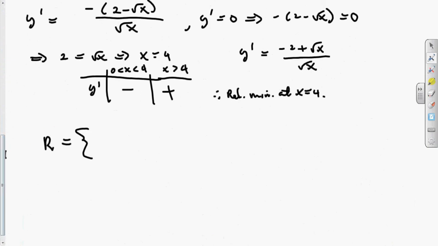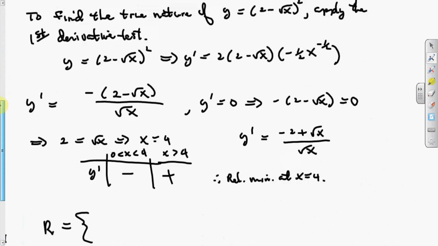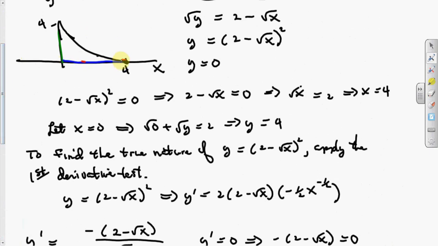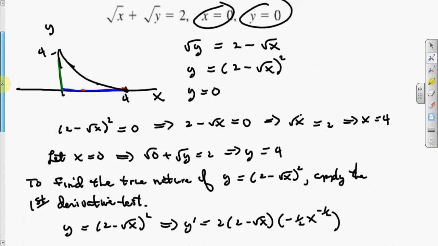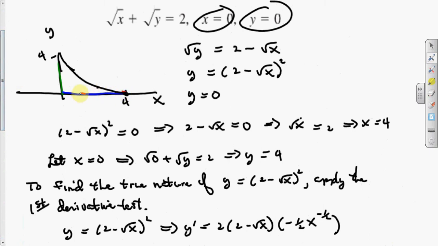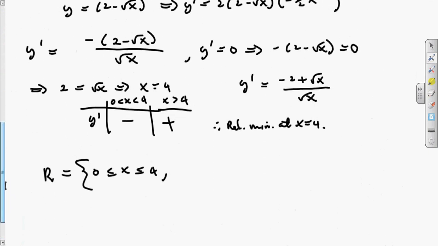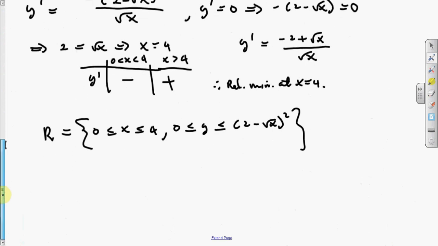So the region here is x going from 0 to 4, and then y is bounded below by y equal to 0, and above by that curve we got, 2 minus the square root of x, squared. So 0 less than or equal to y less than or equal to 2 minus the square root of x, squared. Then we compute our area based on that.